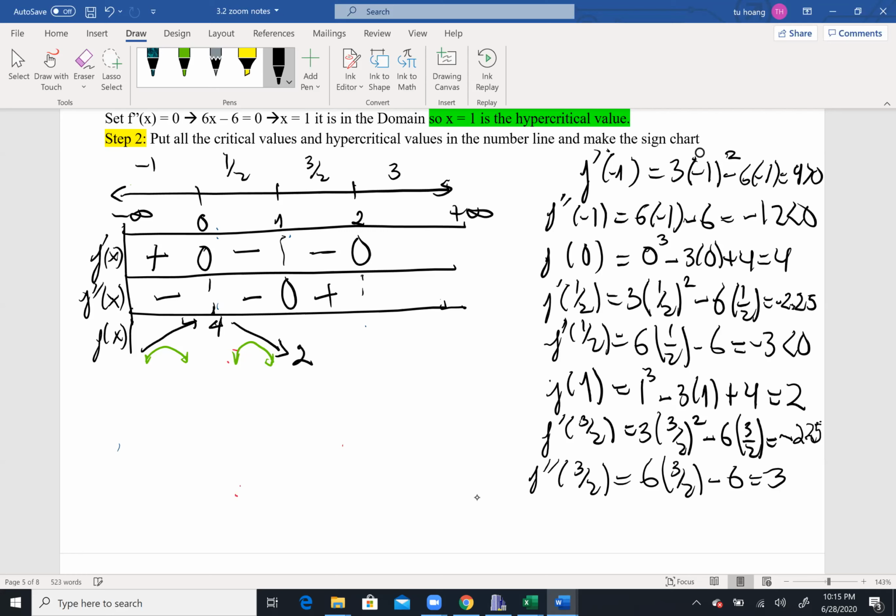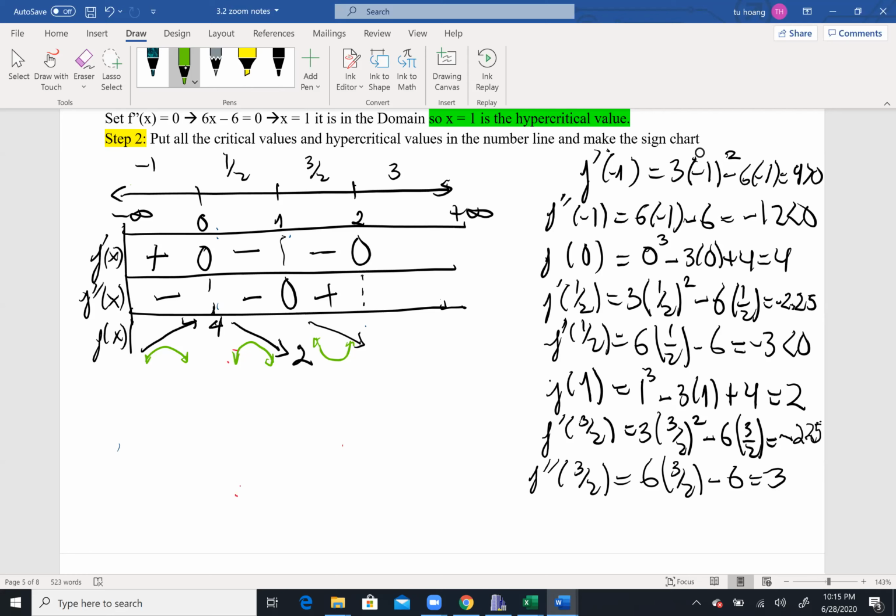So now from 1 to 2, f prime of x is negative, so it becomes decreasing for f(x) again. But for the concavity, it's going to be upward because the second derivative is positive.